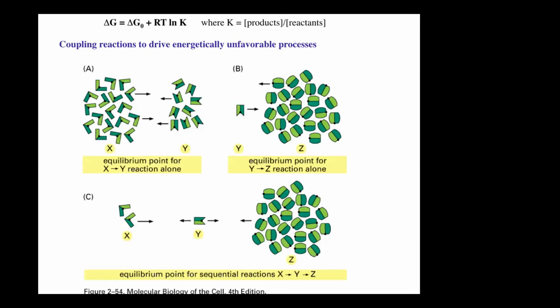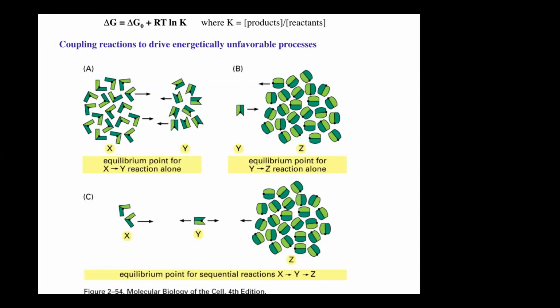So here in kind of cartoon form is what I tried to tell you about the delta G0 plus RT times that logarithm of the ratio of products to reactants. Let's say that you have a reaction on the upper right in panel A, some kind of reaction between reactant X and product Y. And you let that thing go to equilibrium.